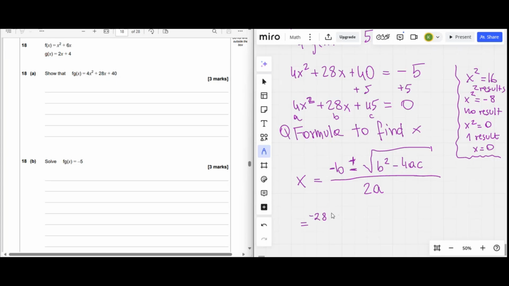Negative 28 plus minus square root of b squared, 28 times 28, 784, minus 4 times a being 4 and c being 45, 720, divided by 2a, and a is 4, so 8.